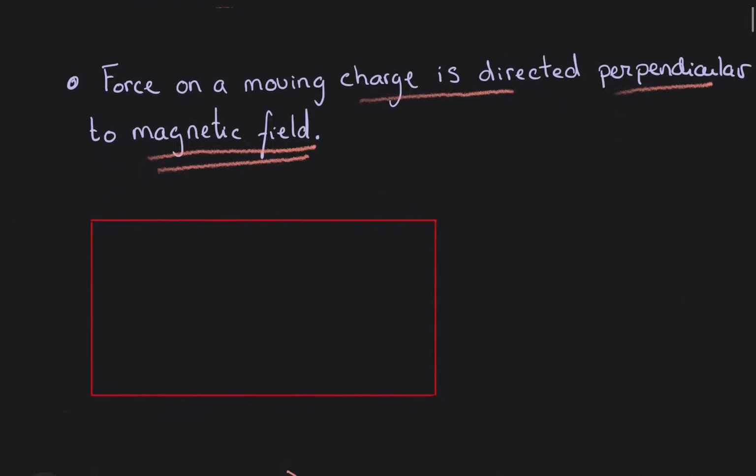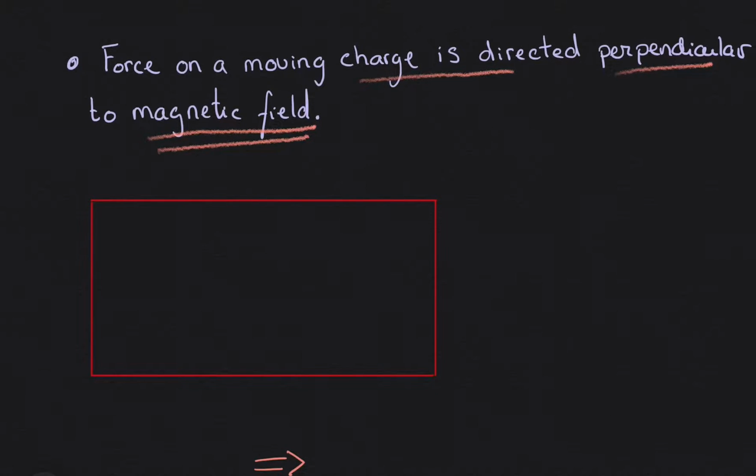So now I'm going to write the equation that's going to relate the force exerted on a moving charge. Here the force is given by Q, the charge of the moving charge. In this case, we're going to keep in mind that it's going to be a positive charge, so we can think of a proton.